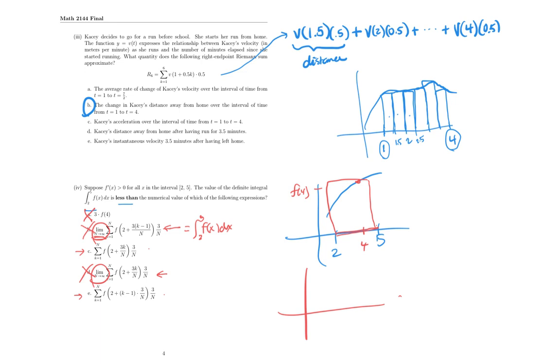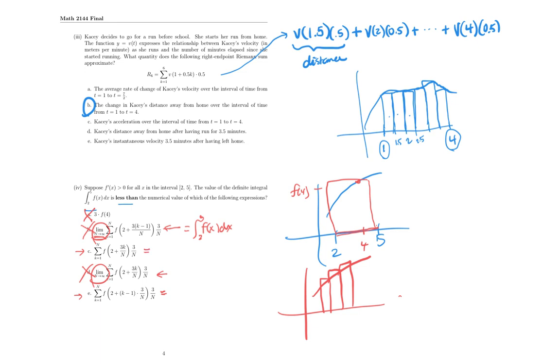And so since my function is increasing, I want to pick the one that is an overestimate. So I want to pick the one that is a right-hand sum. So of these two, I need to pick the right-hand sum. How do I decide which one is the right-hand sum? Well, let's write out a few terms of this and see what's happening.